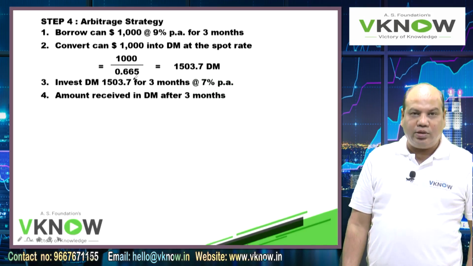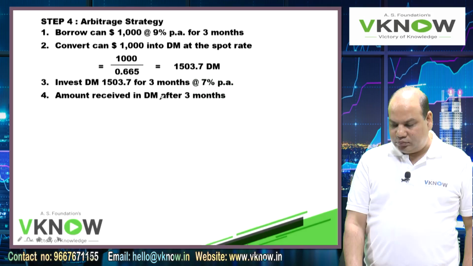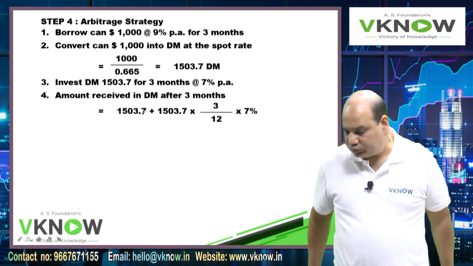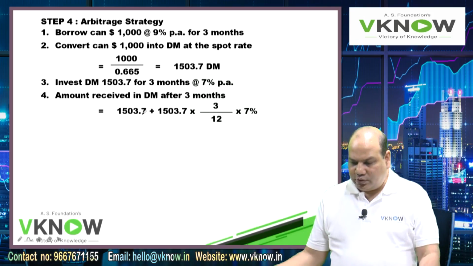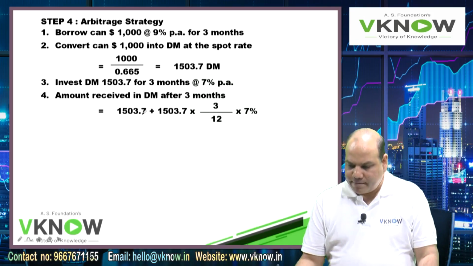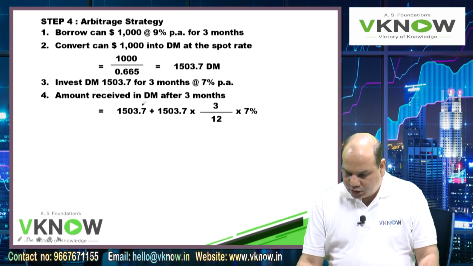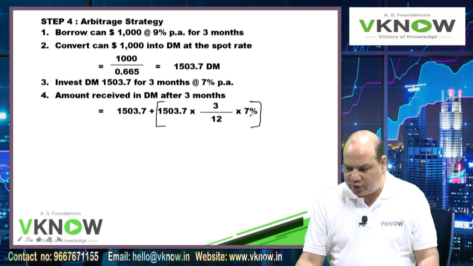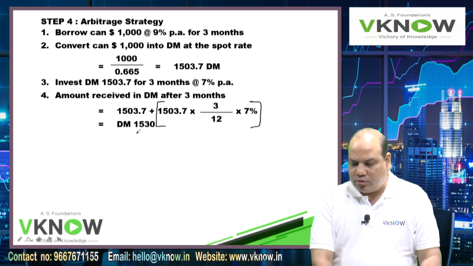You will take the principal amount 1503.7 and add the 3-month interest. The 3-month interest will be 1503.7 into time 3 by 12 into rate of interest per annum 7%. So that gives me the final answer: 1530 DM.